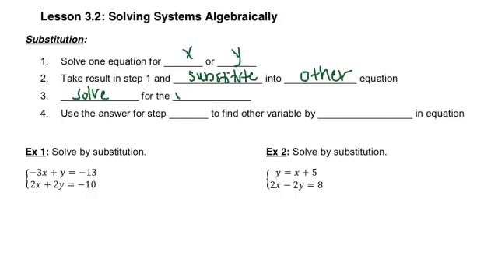So whatever variable we have, we should only have one variable after we substitute in, and we're going to solve for that variable. And the last is to take our answer from step 3 to find the other variable, again by substituting in the equation. So again, we're just substituting back and forth between the two equations.